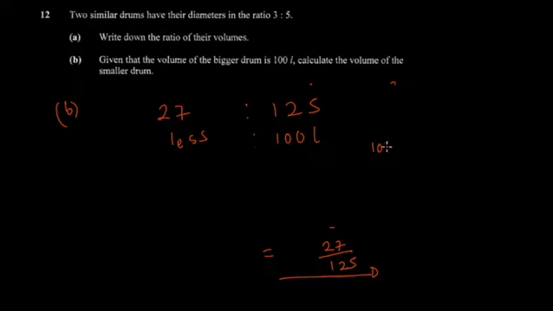So you actually get 100 liters over 125 multiplied by 27. Okay, like this. So you can use 25 here and say 25 into 125. What do you get? You just get 5. Then 25 into 100. What do you get? You get 4. So at the end of the day, you get 4 by 27.